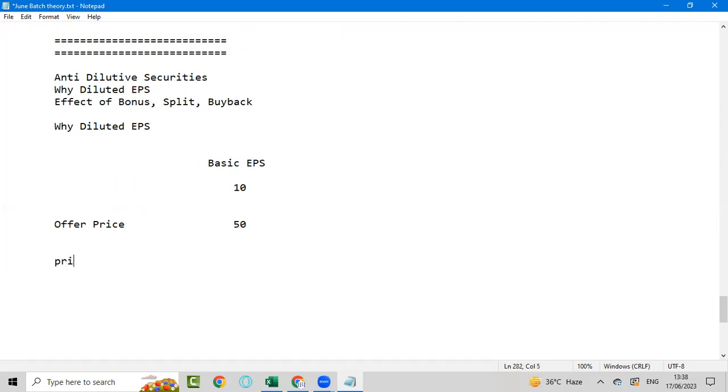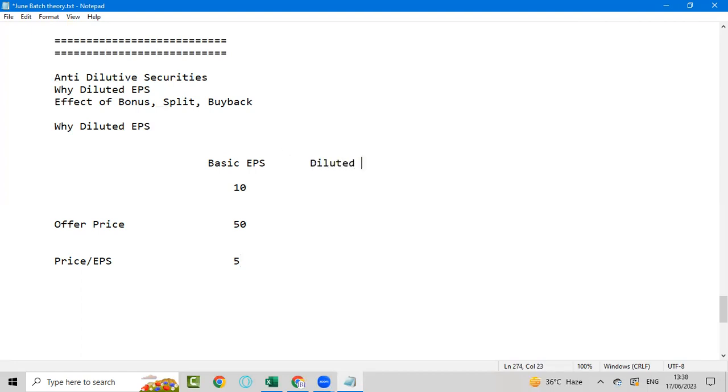So for every 1 rupee of earning, how much am I paying? That is 5. Clear?